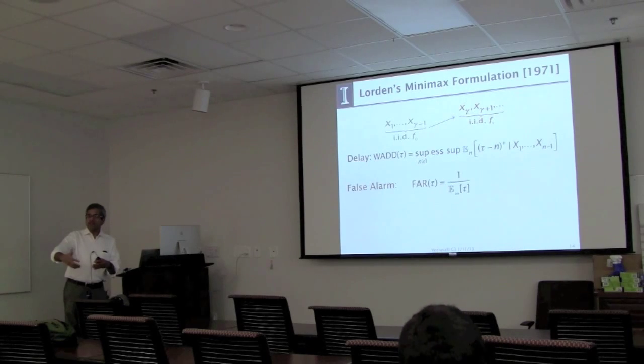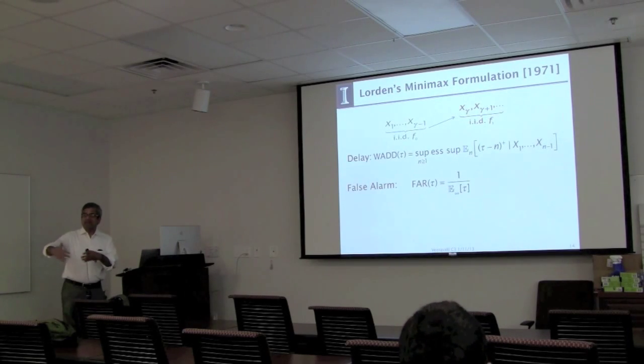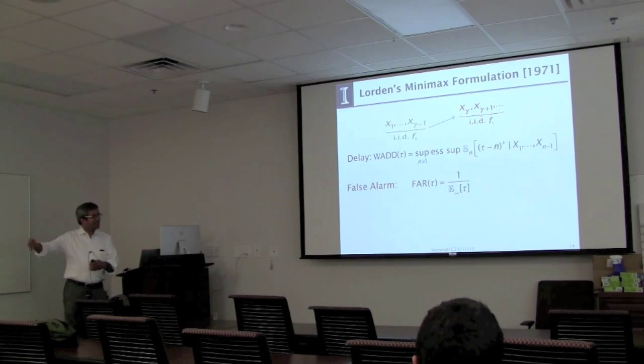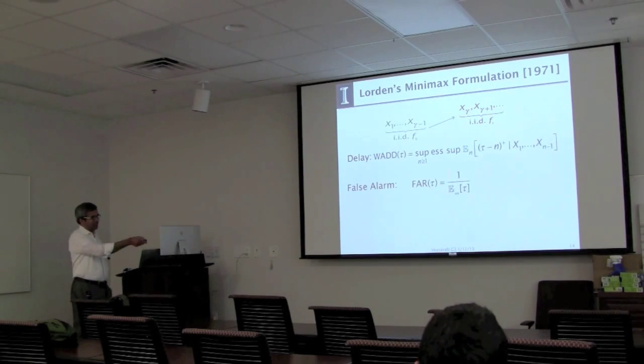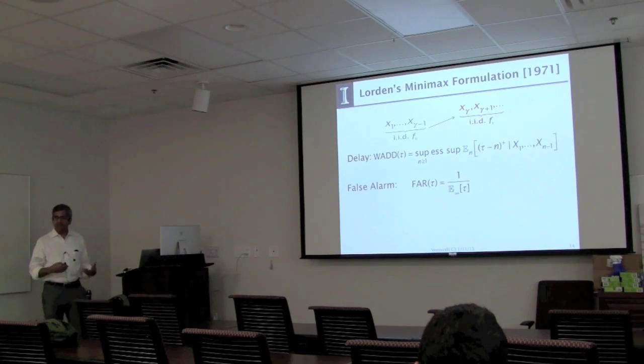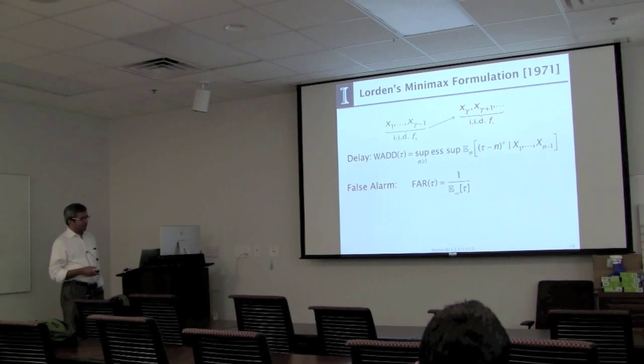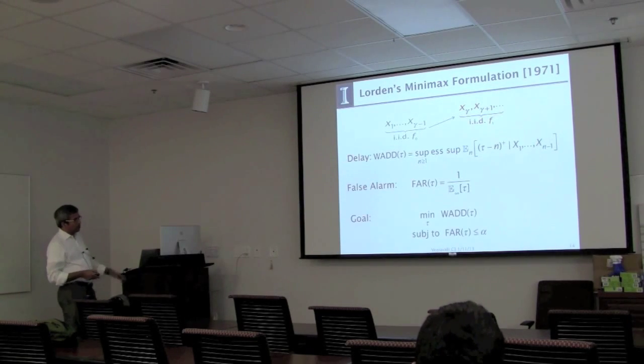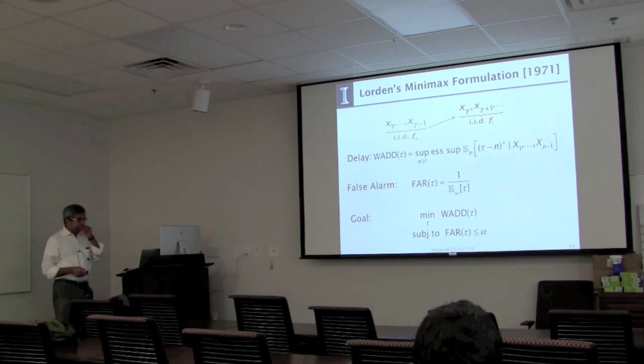And you stop, you reset the system, and then start taking observations again. So the rate at which you do this stopping is the inverse of this quantity, and that's called the false alarm rate. So that's our measure of false alarms. And you want to minimize the delay subject to a false alarm constraint.